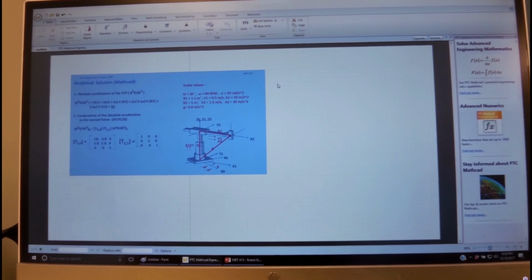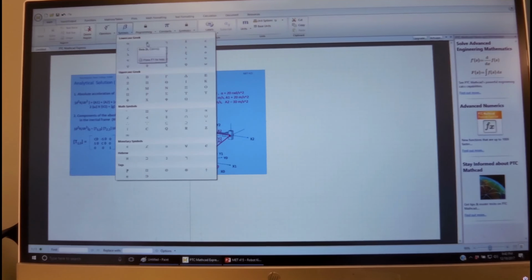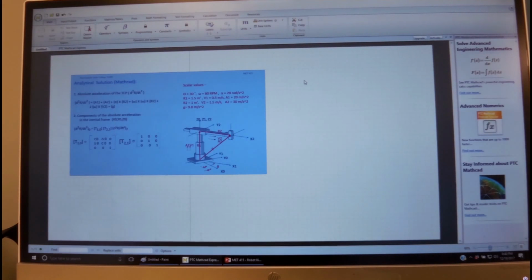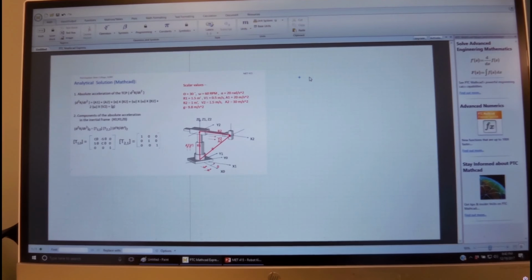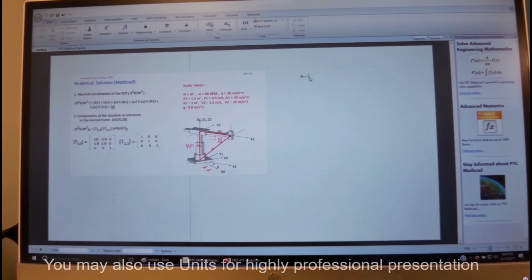The first thing that I like to do is put in all the variables. There are symbols such as alpha, theta, but it may be time consuming, so it will be quicker if we just call them by some letters. So I call it theta. We'll define that equal to 30.